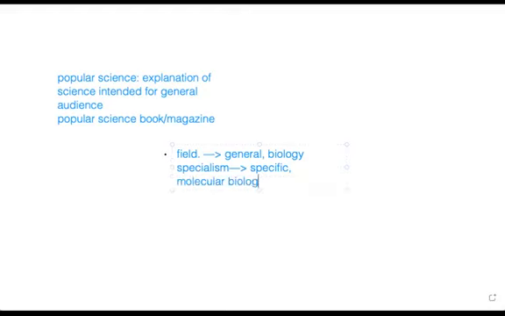All right? So a field is, as I told you, general. It's an area of study, right? So an area of study in science is, for example, biology. Specialism is an area within a subject. It's very specific, all right?